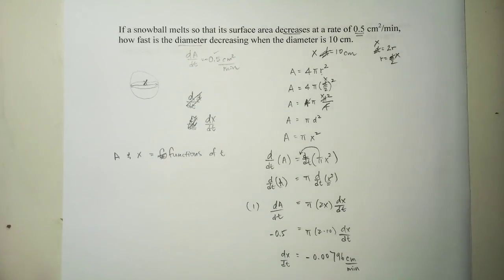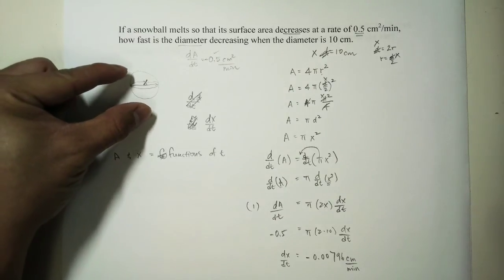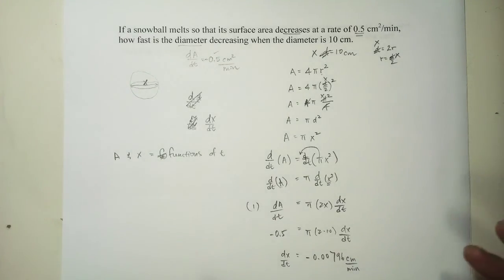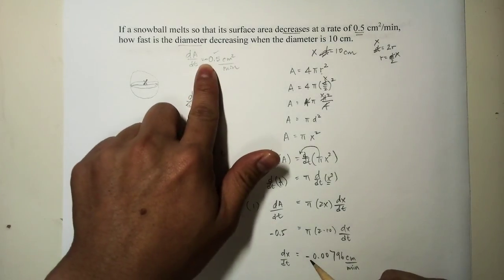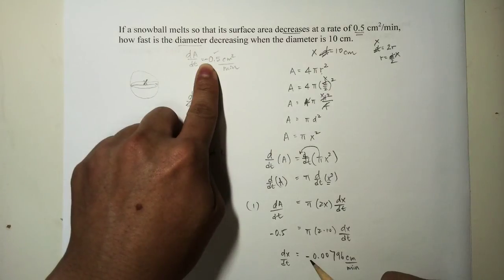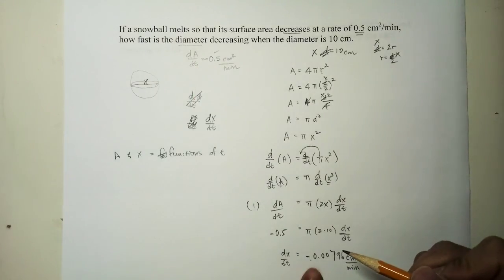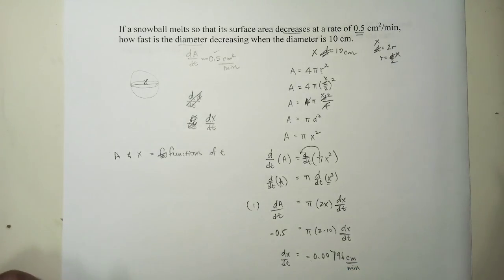I would say it makes a lot of sense, because as the whole snowball melts, the surface area is going to shrink, and so is the diameter. That is the reason why it is very important to label this number right here with a negative sign, and that guarantees that we will have a negative sign for our change in diameter. Okay, all right.